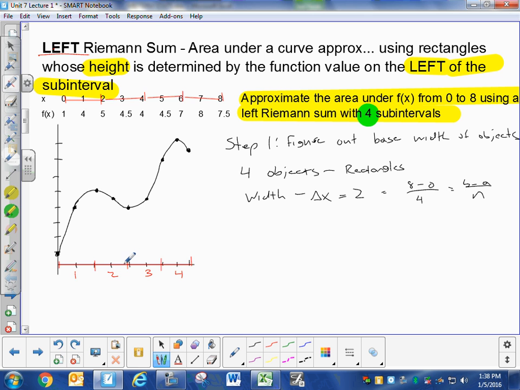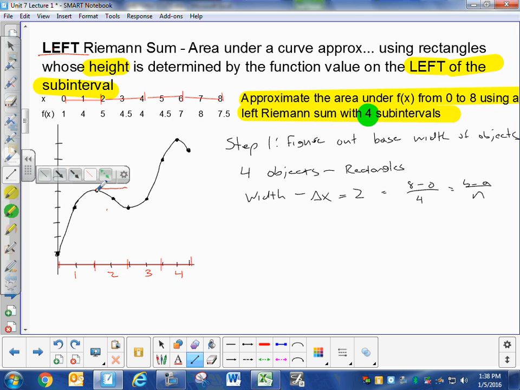We will go to the left of this base, and we will go to the height, or the function value above that, and that will be the height of rectangle 2. Right there. And boom, this is the rectangle that I will be using to approximate the area under that function between 2 and 4.